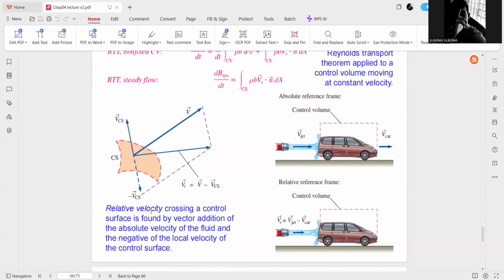The relative velocity crossing a control surface is found by vector addition of the absolute velocity of the fluid and the negative of the local velocity of the control surface. So this is the diagram for the absolute reference frame and the relative reference frame.